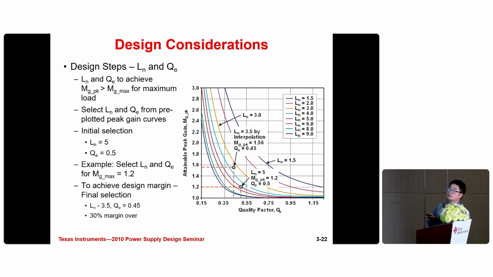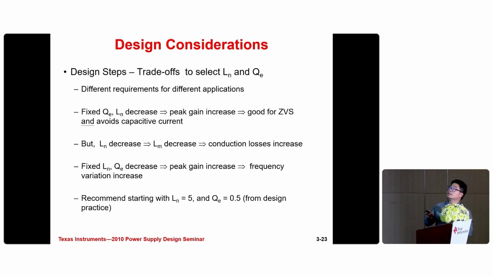For the LN equal to 5 and the QE equal to 0.5, but we need to recalculate, recheck if this is a proper one. And yeah, this is a trade-off to select the LN and QE, because we need to take into consideration all these conditions here.